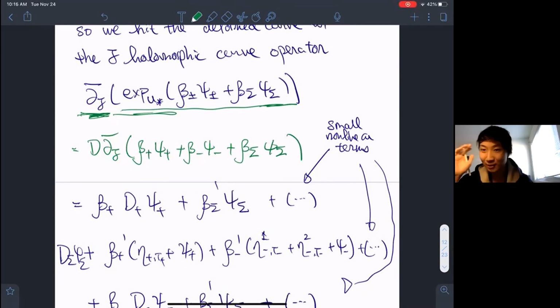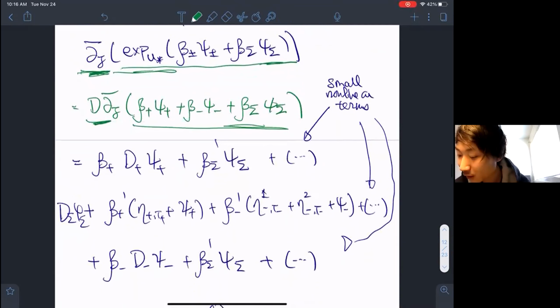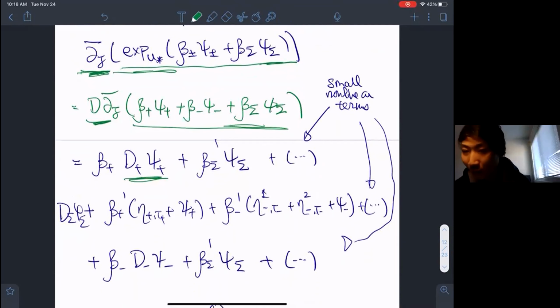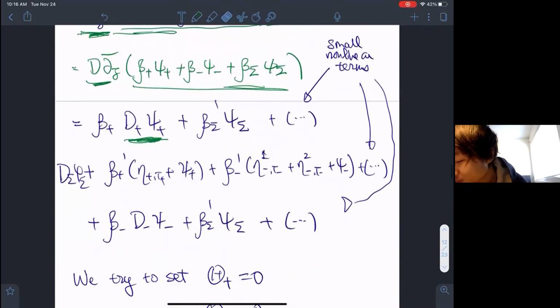And as you would recall from the Morse case, you distribute this linearized operator along these sums using the Leibniz rule. So first of all, you're going to get a differentiation on the psi plus.